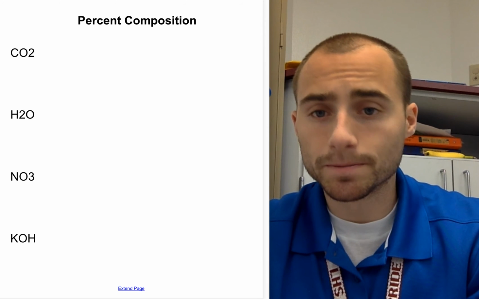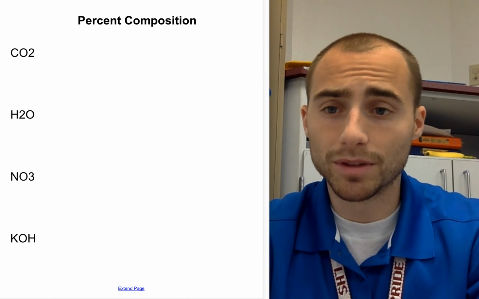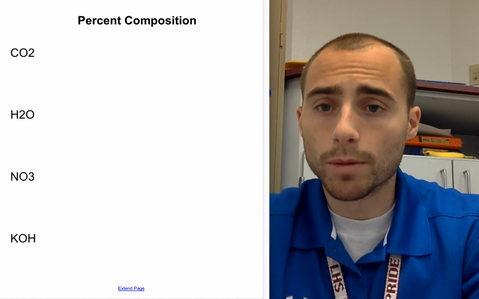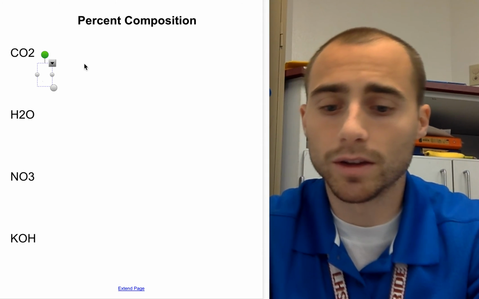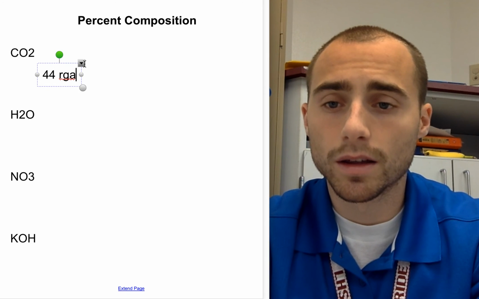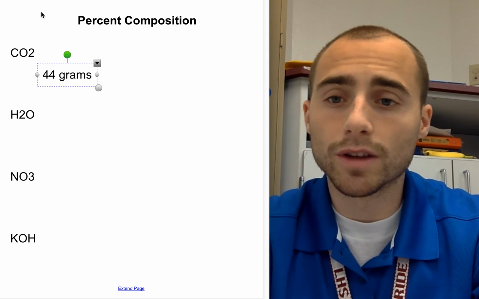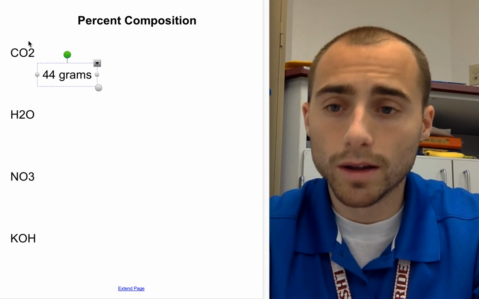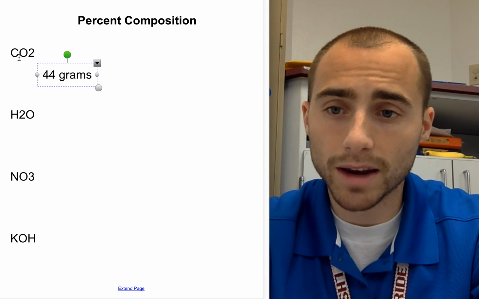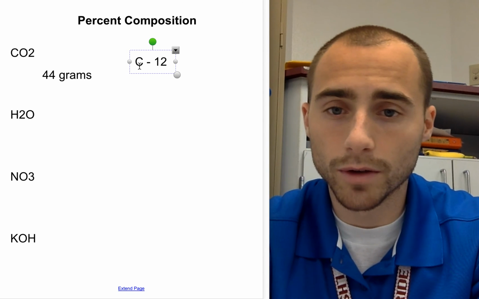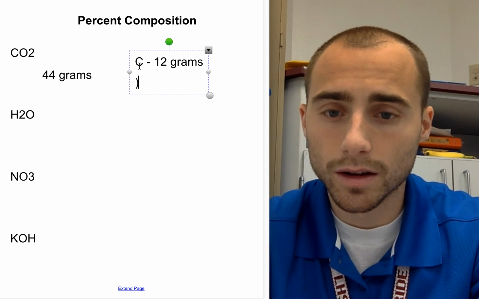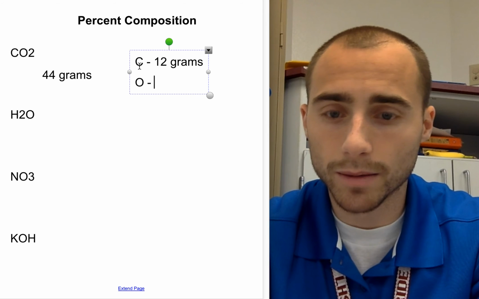And then the last one, percent composition. Remember with percent composition, you first just calculate the molar mass. So for CO2 it would be 44 grams. And then you just separate it into how much of that mass came from carbon and how much came from oxygen. So in this case, carbon 12 grams, oxygen 32 grams.